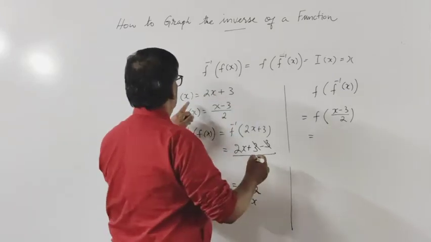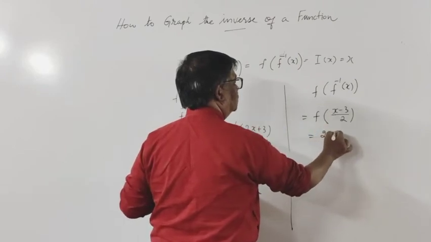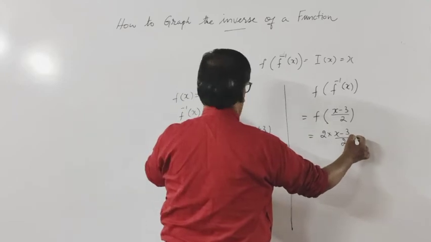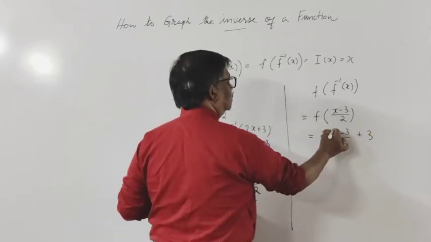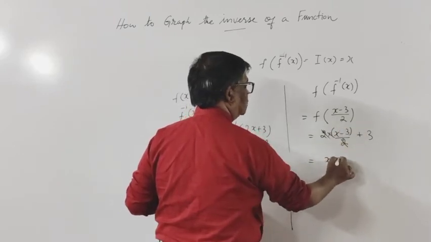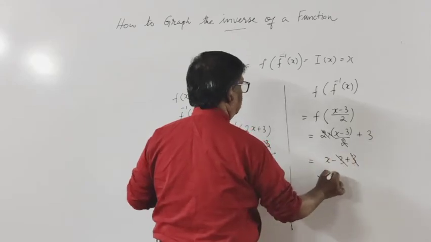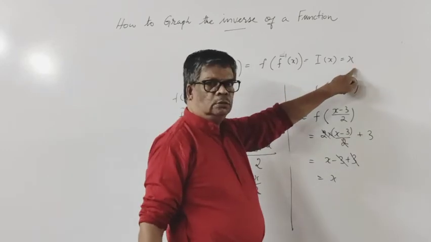So here instead of x, we have (x minus 3) by 2. So you multiply 2 with (x minus 3) by 2 plus 3. This 2 and 2 cancel and you get x minus 3 plus 3. Minus 3 and plus 3 cancel and you get x. Again, f of f inverse of x is equal to x.